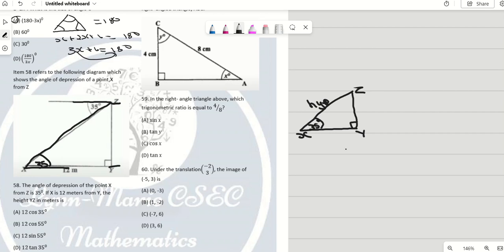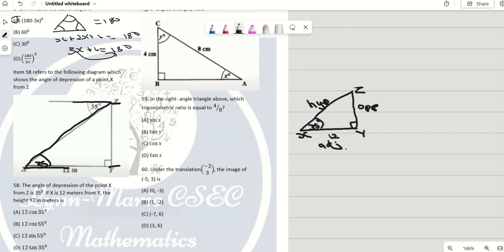If we're using 35, XY, which is also known as 12, will be your adjacent. Your adjacent is the side that has your angle as well as your 90 degrees. And the side that is opposite the 35 degrees, which is ZY, will be known as your opposite.